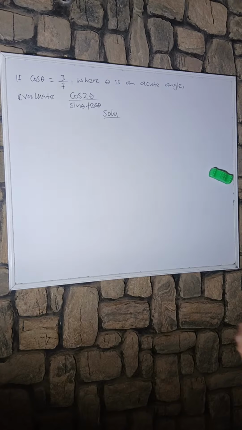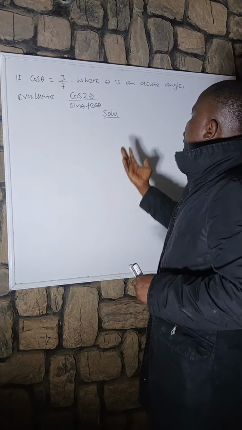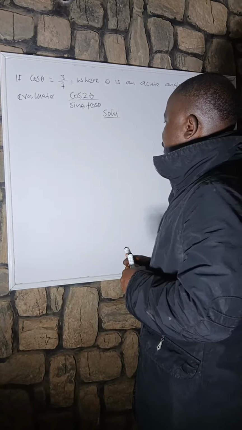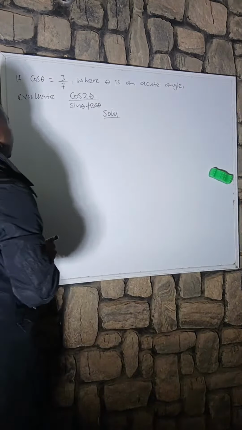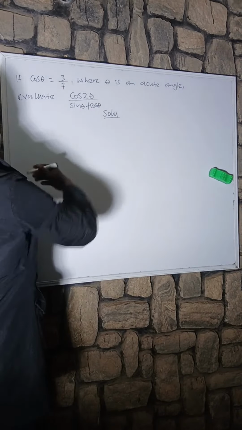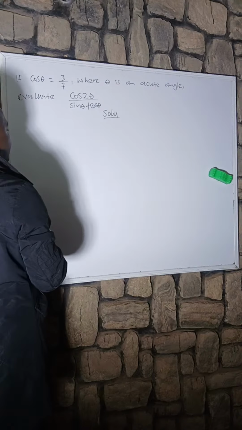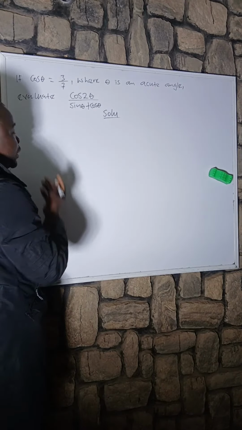Let's write the solution. Okay. So we have been given cos theta. So is it bad for us to draw our right angle triangle?